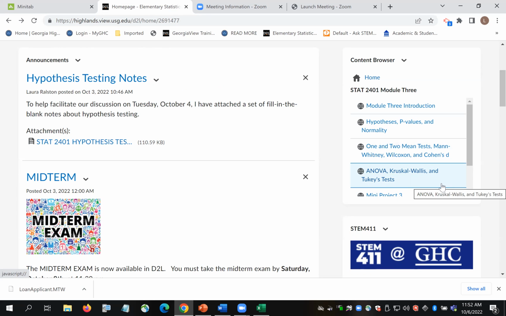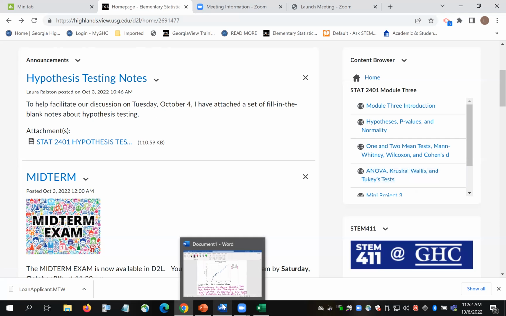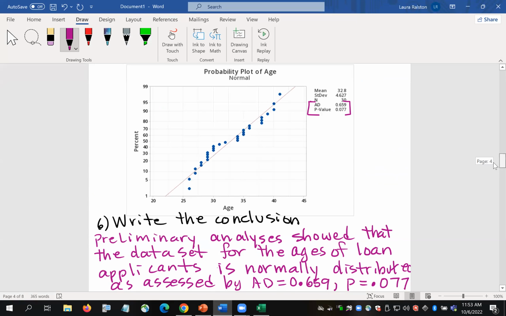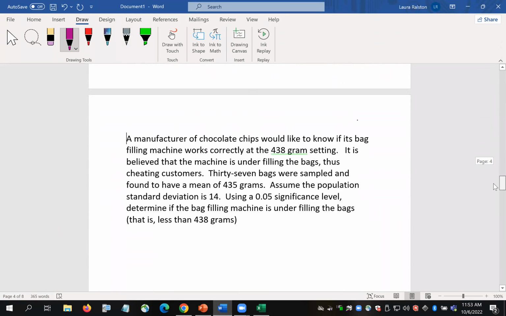Cohen's D is a post hoc test that you can do after the t-test, and so we'll talk about it as well. So that's a lot of material. I've allotted 3 class periods to cover it, but I want to go ahead and look at some examples for the 1 mean test. I'm hoping that if you've had Stat 1401 in a recent semester, it will kind of be familiar to you.